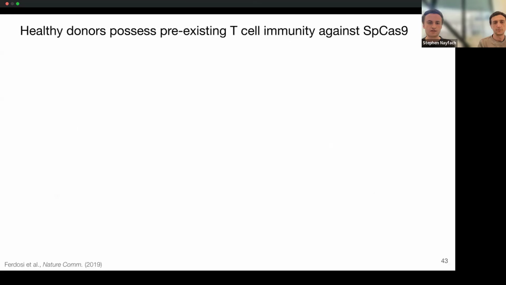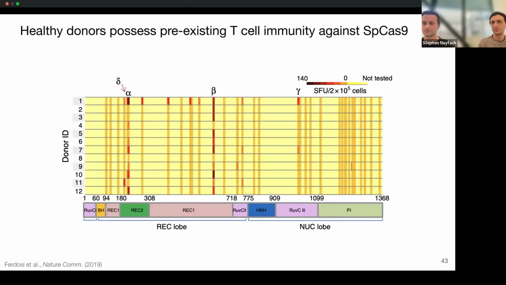And then the final thing we looked at was whether OpenCRISPR-1 is likely to elicit immune responses in healthy donors. This has been found for SP-Cas9.